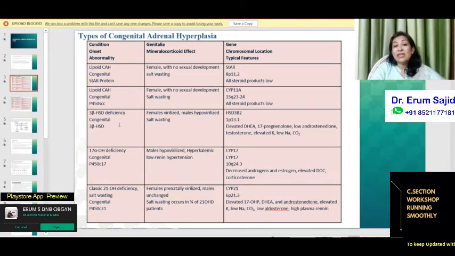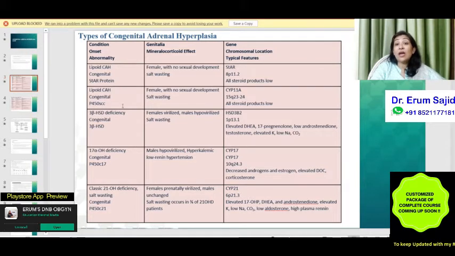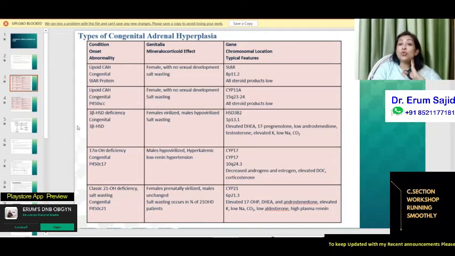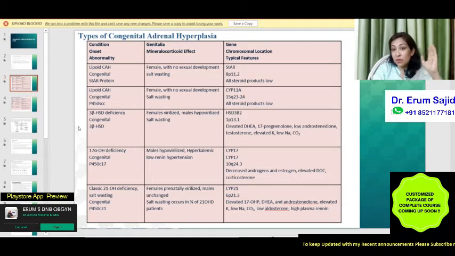And now remember, these things that I'm talking to you right now, they are dangerous kinds but rare. The ones which are coming up, they'll be very common but not that dangerous. But anyways, the whole gist of these two slides is that you should just know that if any female is born with ambiguous genitalia, you have to alarm the pediatrician, and the pediatrician is going to henceforth take it up.